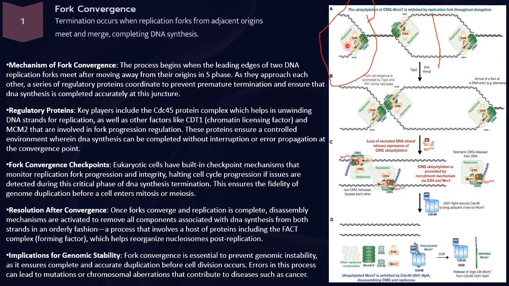What happens is, when these two replication forks overlap each other, due to a molecular cascade the CMG helicase gets ubiquitinated, where ubiquitination means a small peptide, namely ubiquitin, gets attached to the CMG complex.